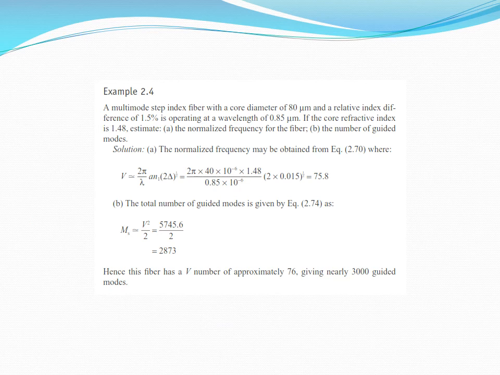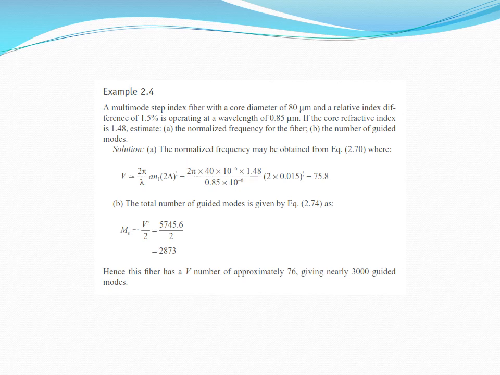Considering this concept of finding MS and the normalized frequency, we take one numerical example. A multimode step index fiber with a core diameter of 80 micrometer. Since a is the core radius, the core diameter has to be converted to core radius, which is 80 micrometer by 2, that is 40 micrometer.